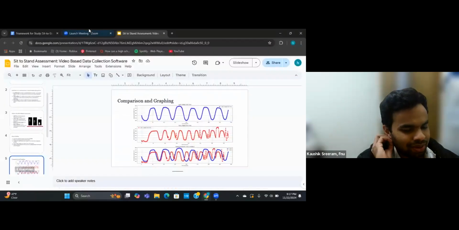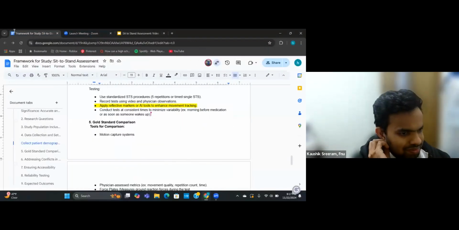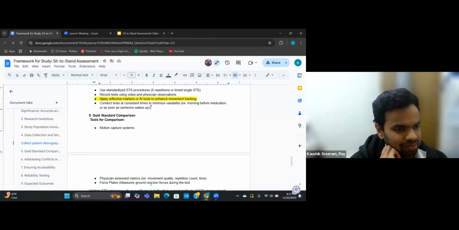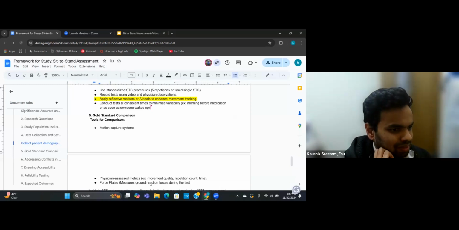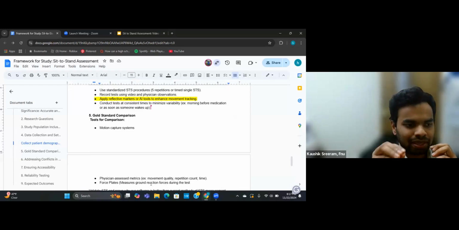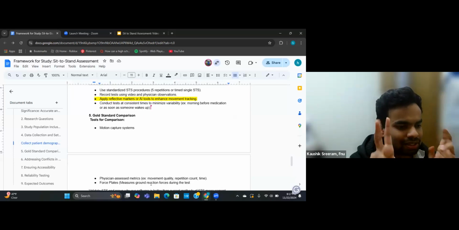Are we clear on what our goal is? So we are comparing the two results, whether these are better than that or not. First thing is we need to know what the physician is already doing. He is taking down the number of counts, right? First thing is, can the machine do the same?